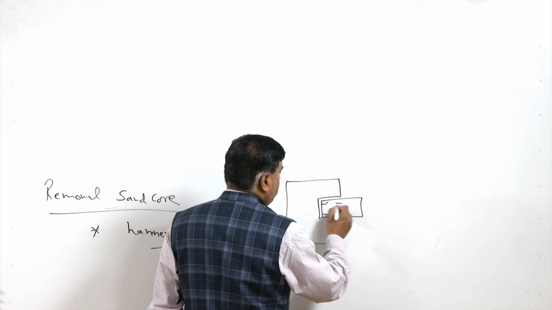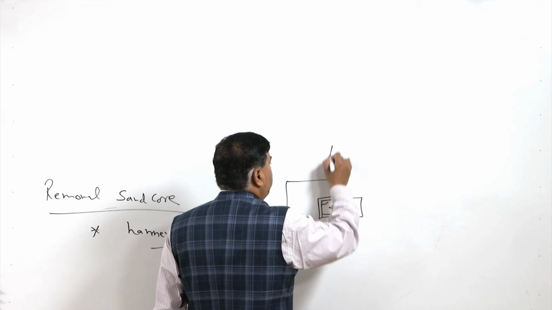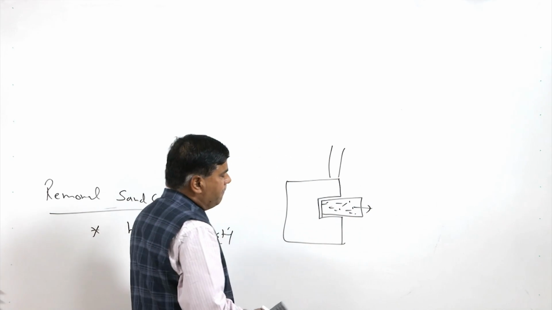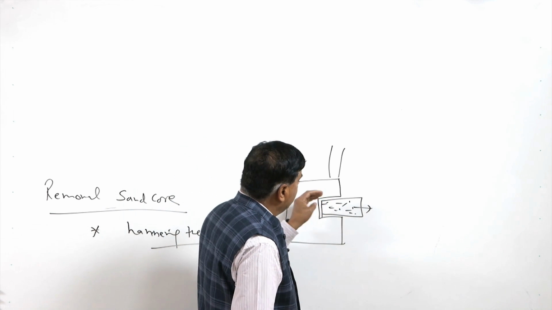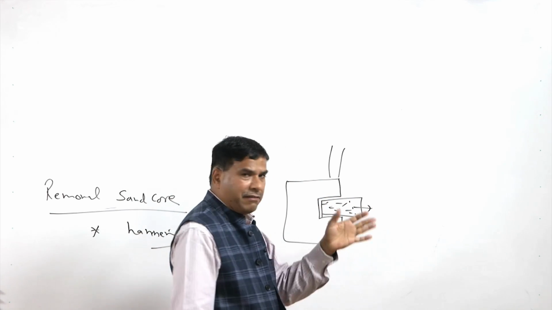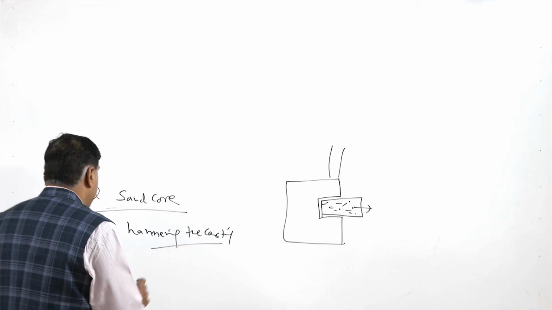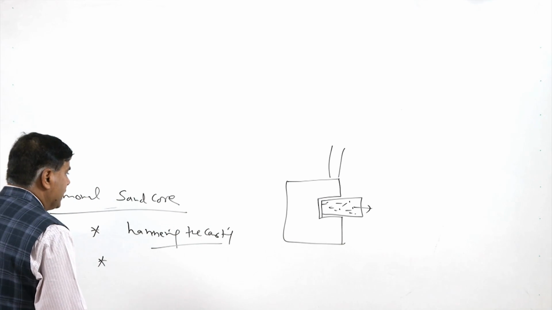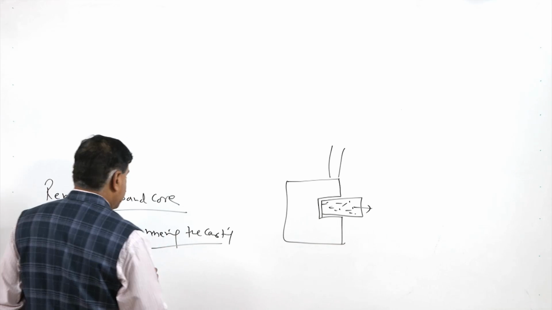So this sand core needs to be removed. By hammering this casting gently, it will break the core inside the casting, and so the sand will automatically be removed. So knocking with the hammer helps in removing the sand core from the casting.